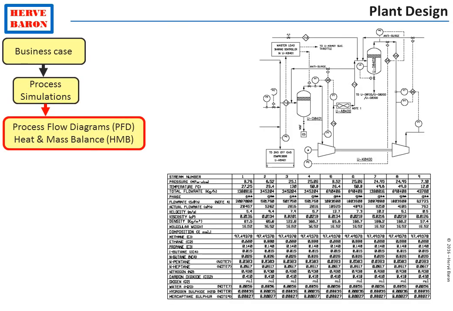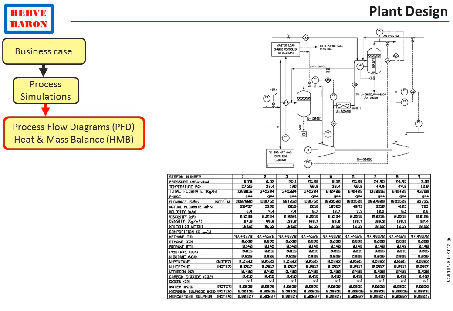Upon completion of these simulations, and once they have found the suitable process scheme, they issue the process flow diagrams and the heat and material balances. These documents form the basis for the plant functional description.